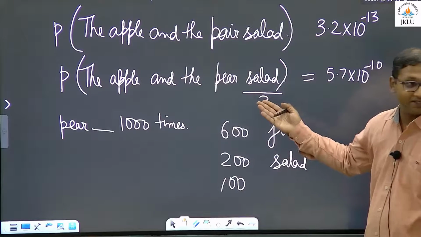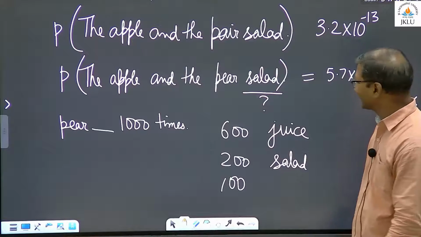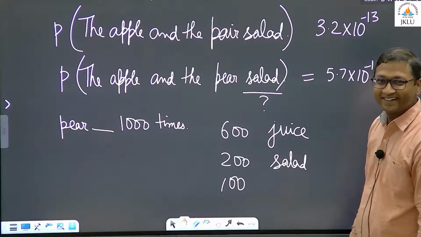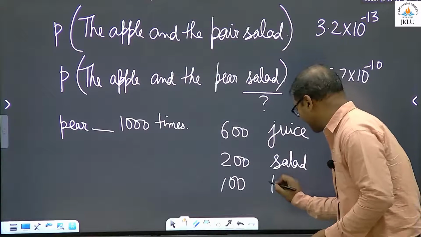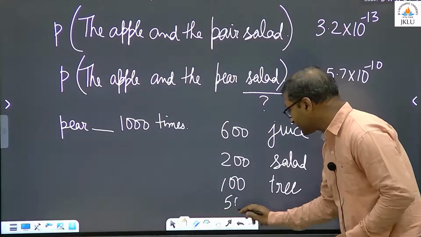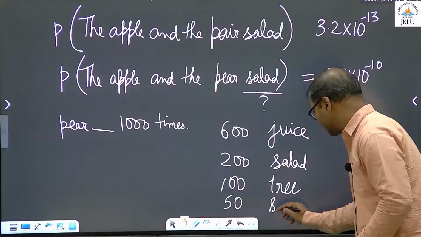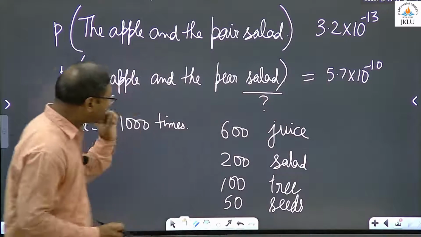Juice, salad, what else? Tree, yes, thank you. And so on. And let's say 50 times we had seeds. So thank you so much. And so on. What is the probability?